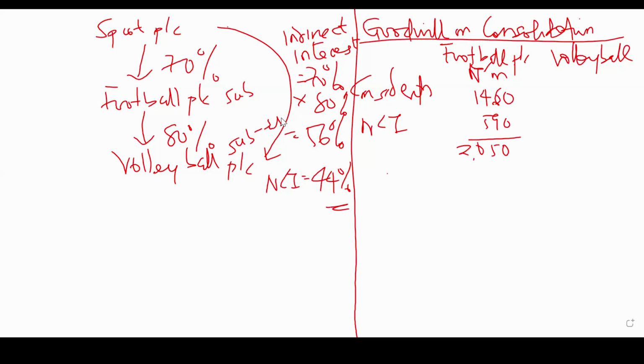Now, what do you want? Identifiable net assets. Net assets as at that day was how much? 1670.